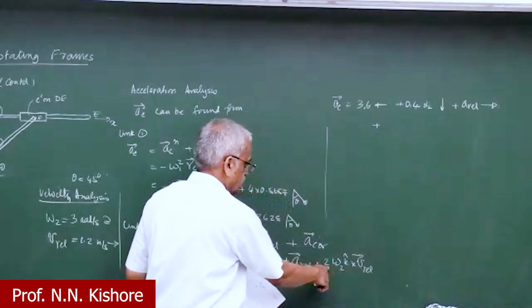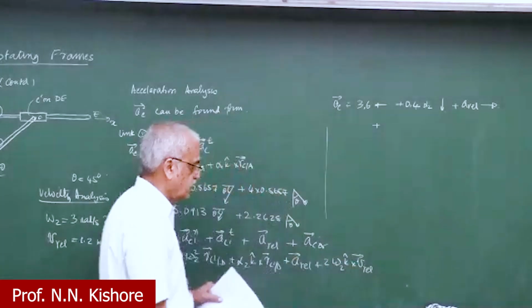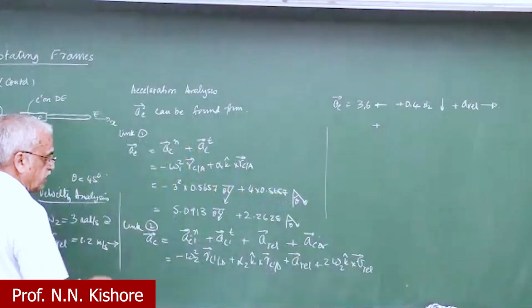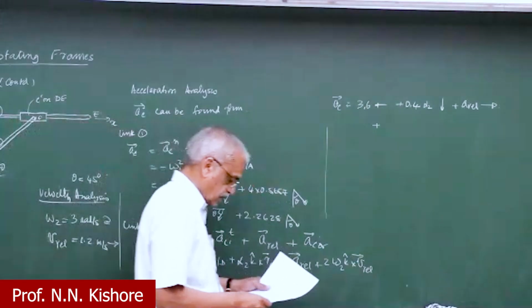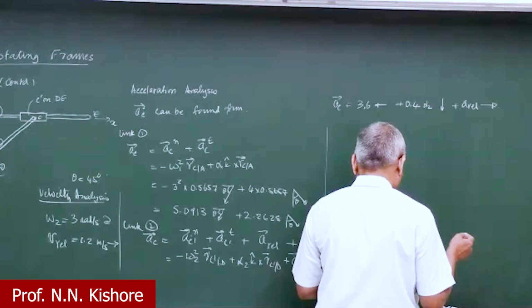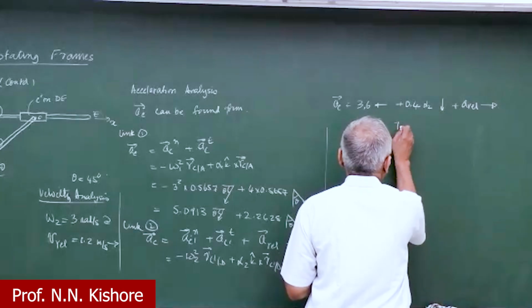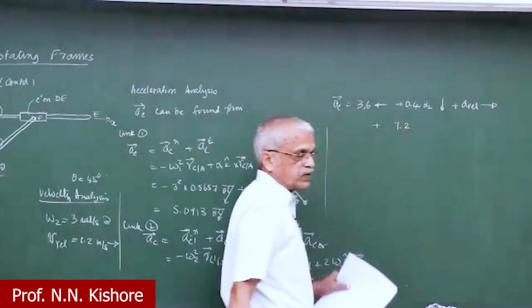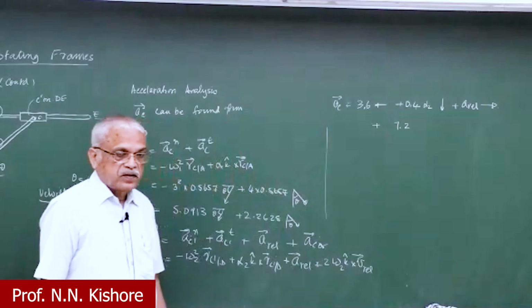So what is the direction of this one? So the direction of this one is, this is VREL and omega 2 is like this, right? So it is nothing but the cross product of K cross VREL.